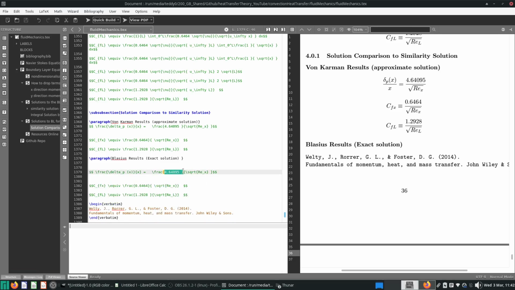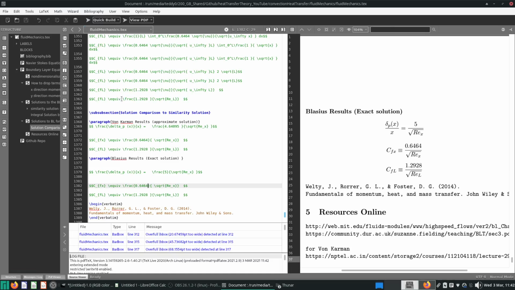Okay, Blasius solution, you actually have a 5 on top. This is the thickness. And the Cfx is 0.664.